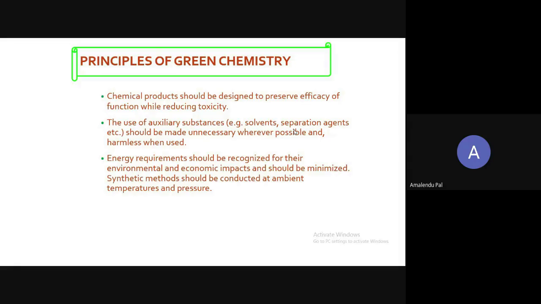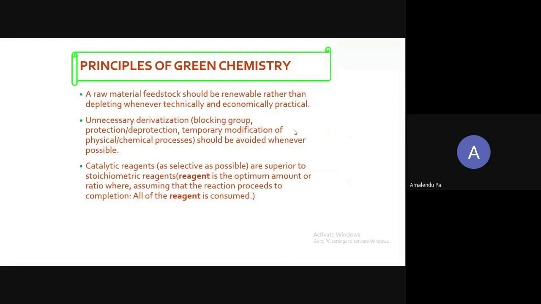Energy requirements should be recognized for their environmental and economic impact. So we have to consider the energy also, and the economic impact, that we have to minimize. So synthetic methods should be conducted at room temperature and ambient conditions. Raw material feedstocks should be renewable rather than depleting.